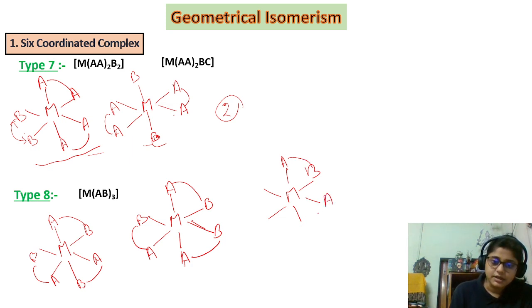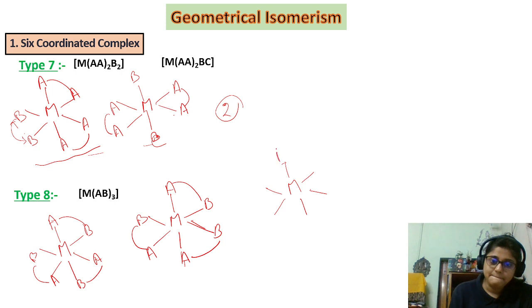If I change the other one, BA, the same thing will happen. BB trans, AA trans, right? Same thing, so I have to erase it. Any other possibilities in your mind? I am reading your mind.